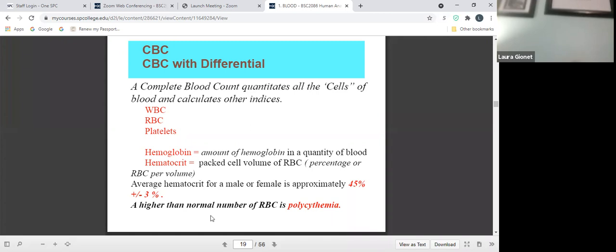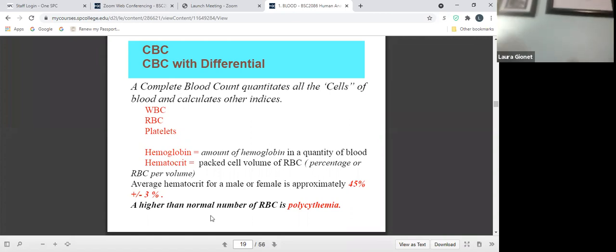When you have a CBC done, it quantifies how many red blood cells and the percentage, how many platelets, what percentage of white blood cells, and then it breaks down all your white blood cells, or your leukocytes, into 5 categories by percentage and quantity, of the 5 white blood cells that are in circulation.